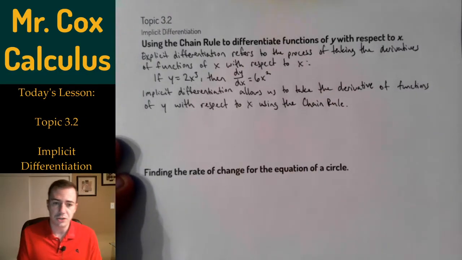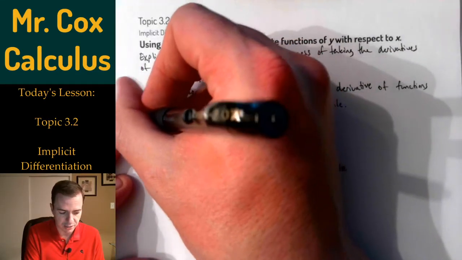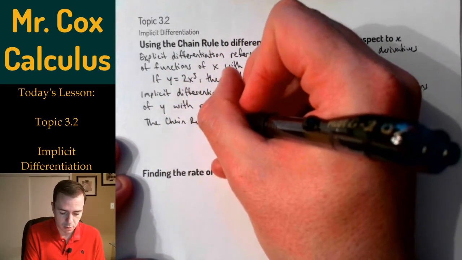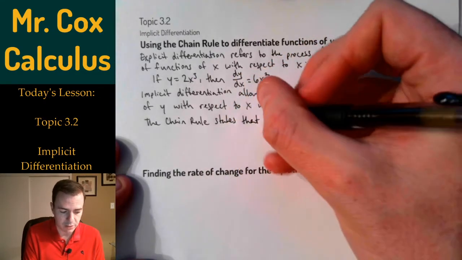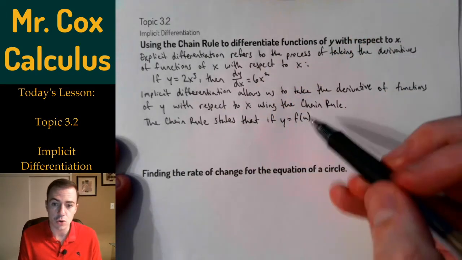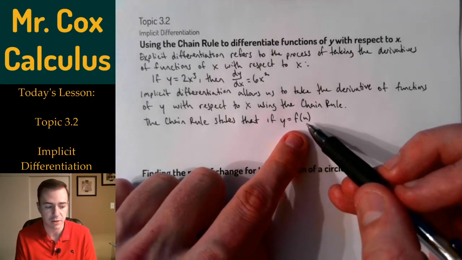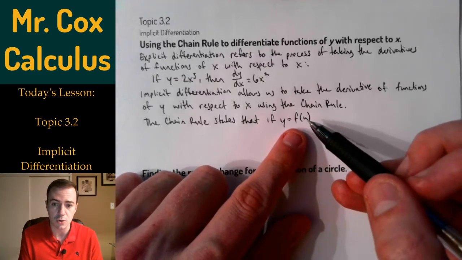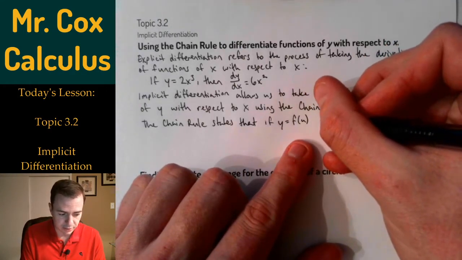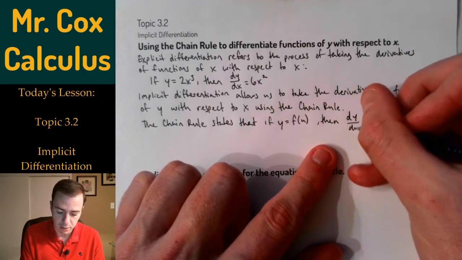Now then, what the chain rule stated, just to simplify some of the language we had in the previous lesson, the chain rule states that if I want to take the derivative where we said y was a function of u, and we later used the u to represent the function of x, but here if I wanted to take the derivative of y with respect to u, so this is a function of u, then what we did was we took the derivative of y with respect to u.